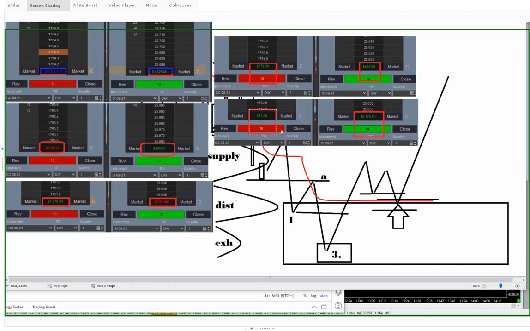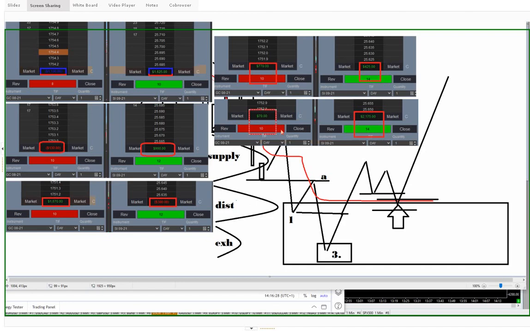Well, if you think about how much metals exposure we've got on that trade, we've got $1.7 million of gold exposure, and we've got 14 contracts in silver. We've got $1.7 million of silver exposure.